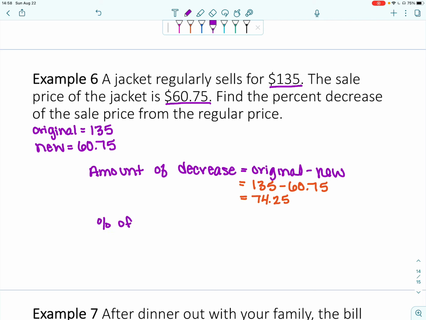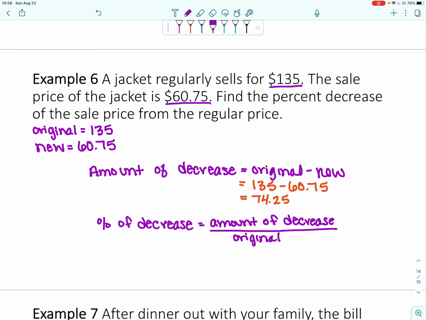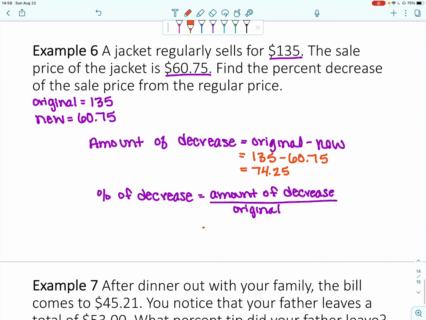So then to find the percent of the decrease, we're going to take the amount of the decrease and we divide that by the original price of the jacket. So the jacket was decreased in price by $74.25, but it originally was $135.